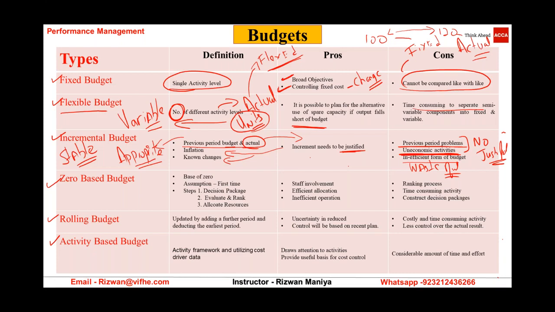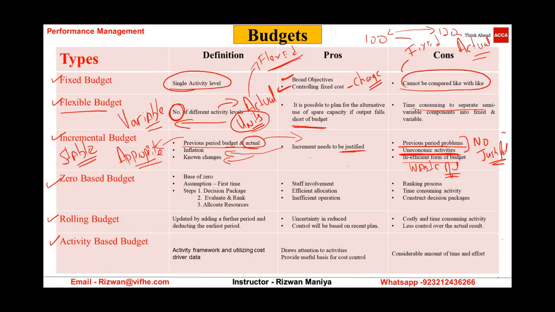Okay, Ahmed, we have one more question. Is a flexible budget made after or before the actual financial year? Ahmed, if we are making a flexible budget at the stage of planning, which means before the actual financial year, that is also possible, and that is known as planning flexible budgets.